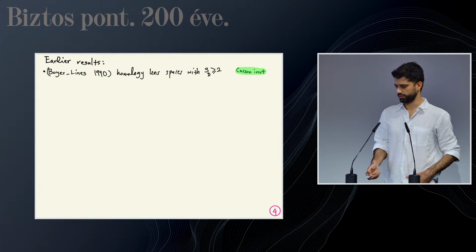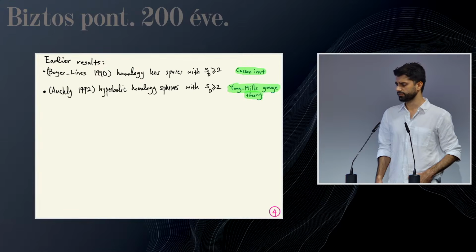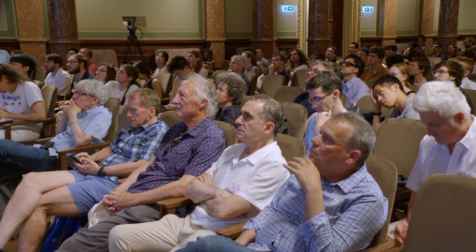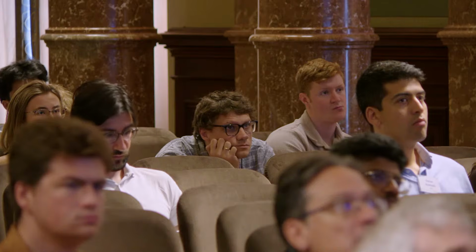For instance, Boyer and Lines used the Casson invariant to construct homology lens spaces with Dehn surgery number at least 2. Dave Auckly gave the first example of an integer homology sphere with Dehn surgery number at least 2, and he used Yang-Mills gauge theory to do this.